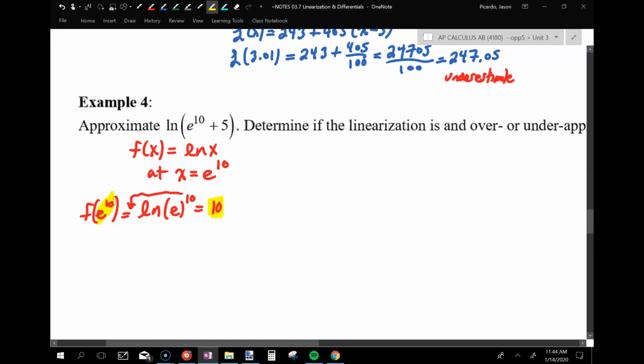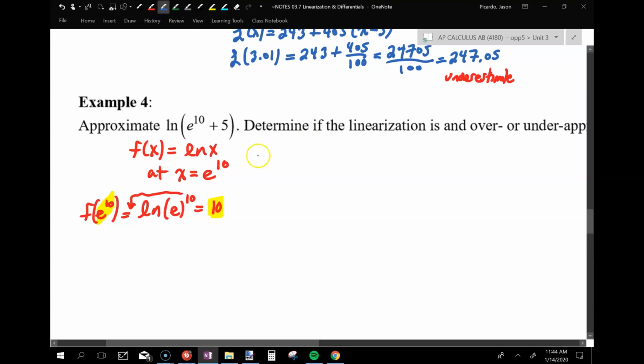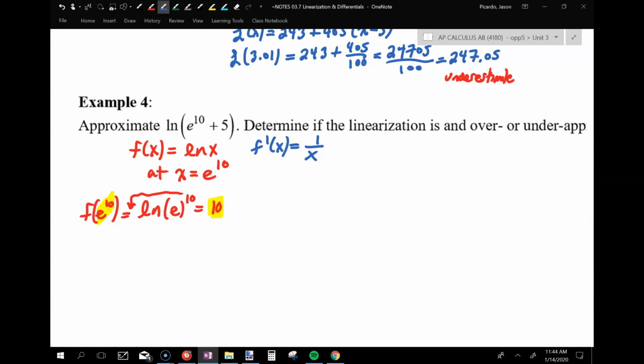So I have my point of tangency. Now I need the slope, right? Now I gotta know the slope of the function. Guys, what's the derivative of natural log? 1 over x. There you go. So what do I want to know? I want to know the value of that at e to the 10th.